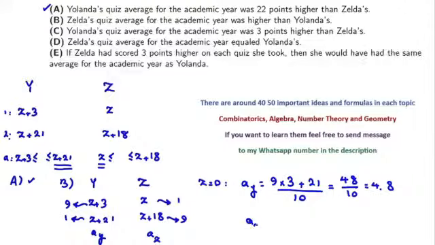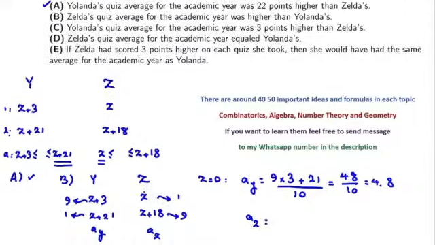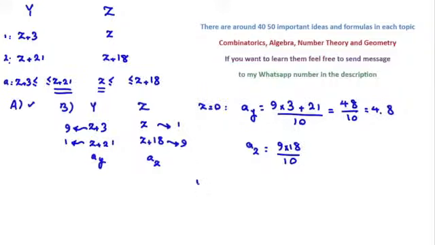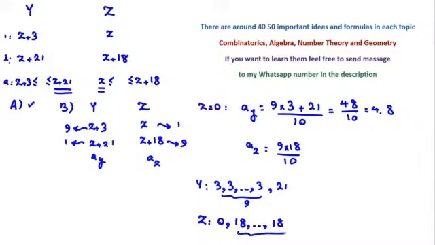And the average of Zelda, also you can consider Z is 0, again you will reach the same result. So it will be 1 times 0, 9 times 18, over 10. So for Y we had 9 threes for first semester, and 1 twenty-one. And for Zelda, 1 zero, and 9 eighteens for second semester.